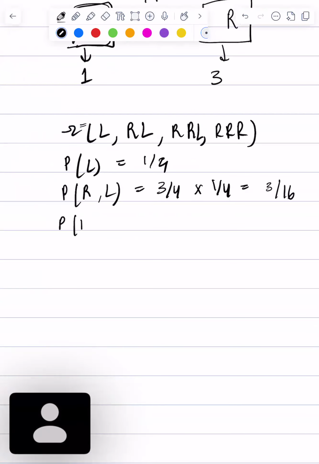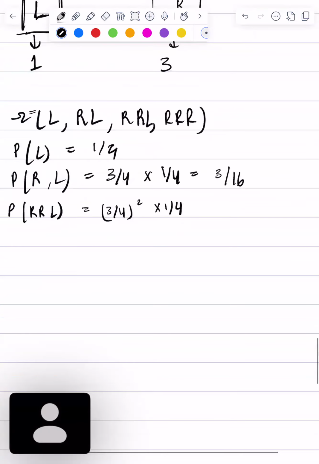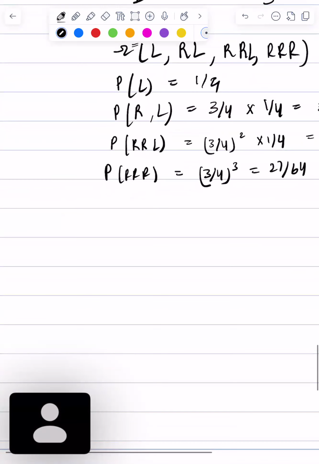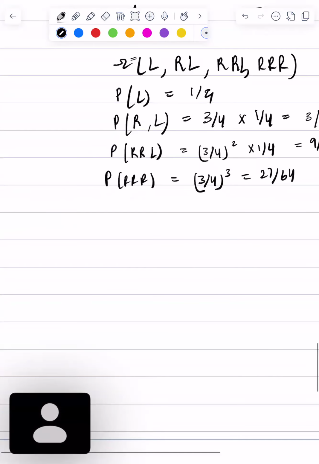The probability of R, R, then L is 3/4 squared times 1/4, which is 9/64. The probability of R, R, R is 27/64.